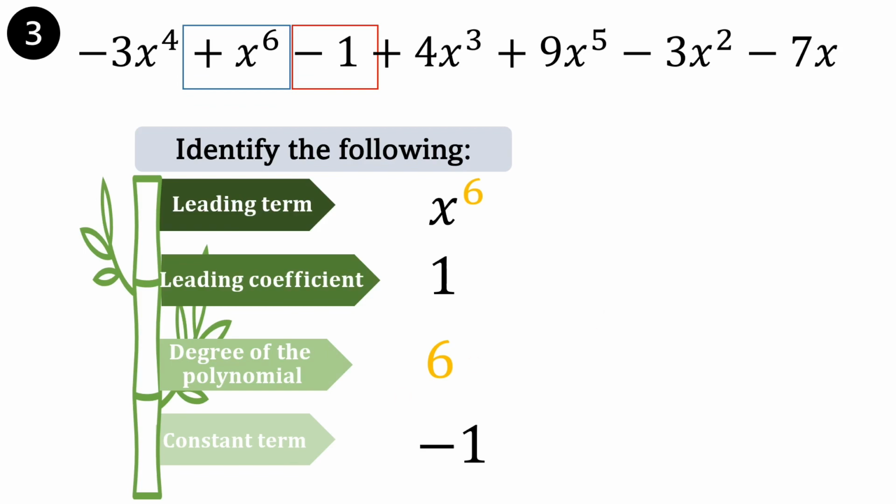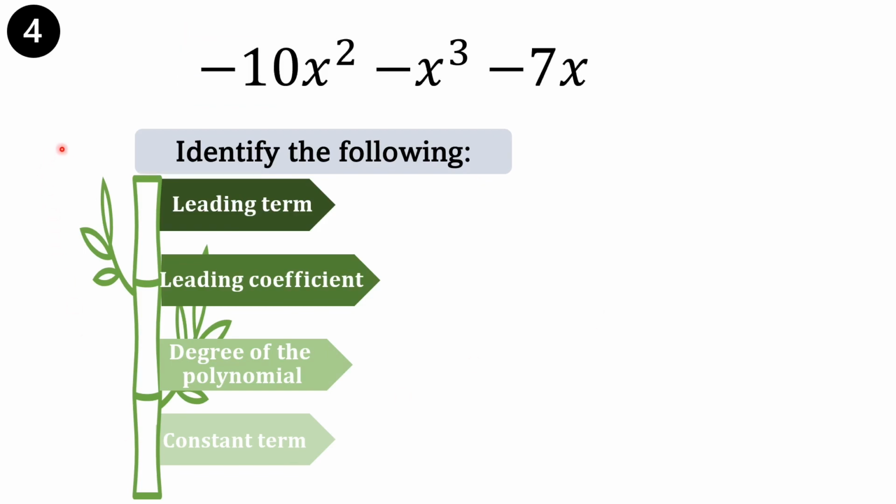Another example, number 4: negative 10x squared minus x cubed minus 7x. The term with the highest power of the variable is negative x cubed. That's the leading term.